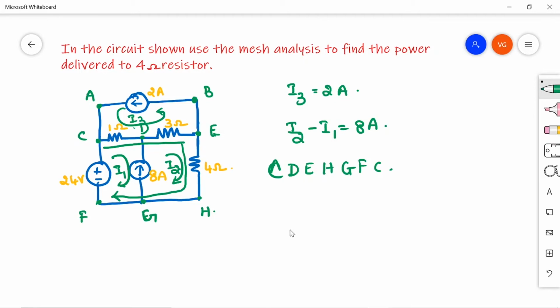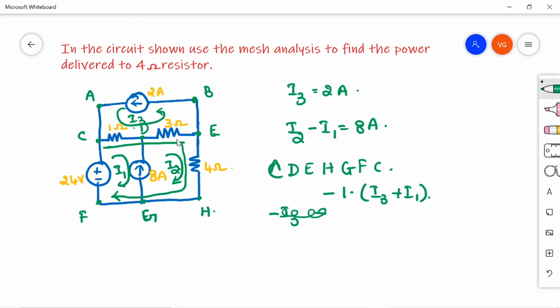So minus I3, and then I have here minus of the two currents that are flowing in this 1 ohm, are I3 and also I1. So minus of I3 and I1, that you can write minus 1 into I3 plus I1. Both are going in the same direction.